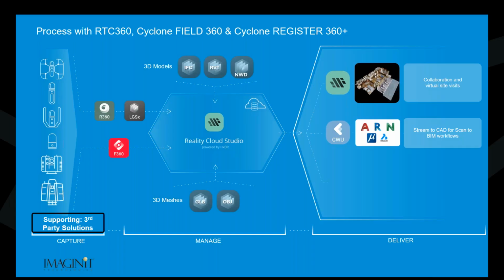Or into 3DR. I can stream to 3DR as well. So that means I can bring it into 3DR, and I can use all of 3DR's great tools for analysis, extraction, reporting directly from my point cloud that's stored up in Reality Cloud Studio.